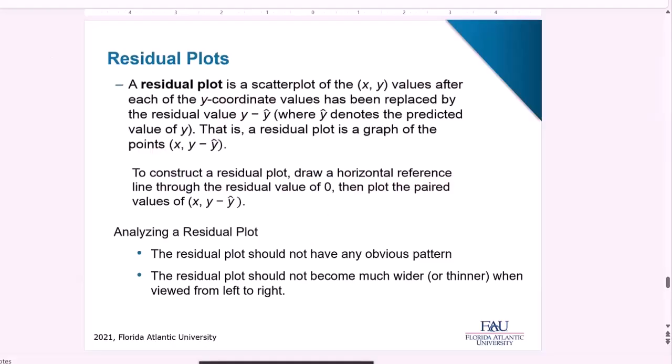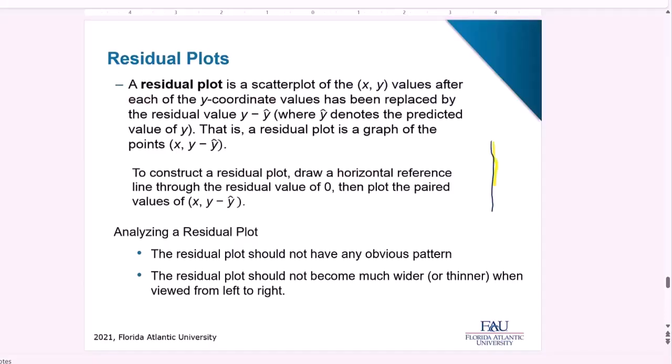A residual plot is a scatter plot of the X, Y values after each of the Y coordinate values have been replaced by the residual value Y minus Y hat, where Y hat denotes the predicted value of Y. That residual plot is a graph of the point X, comma, Y minus Y hat. Now we're going to make another graph.